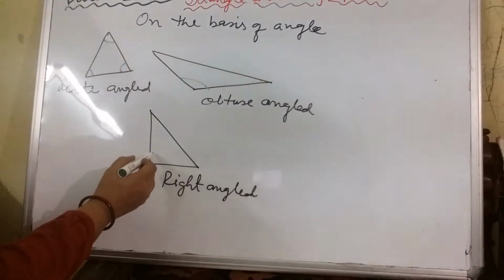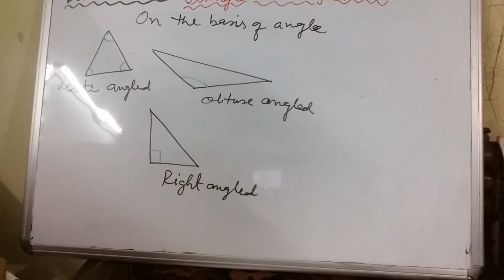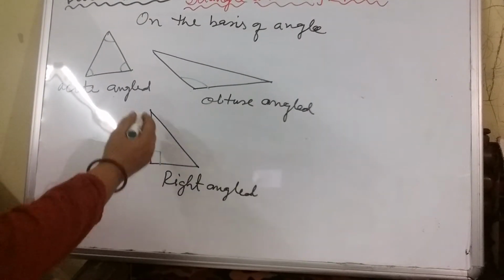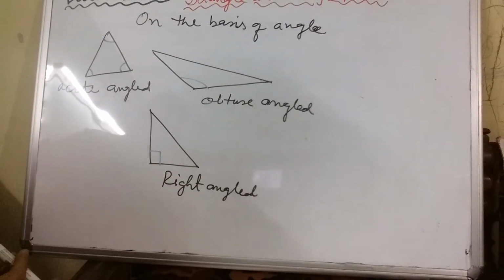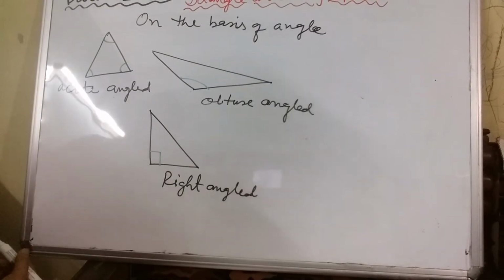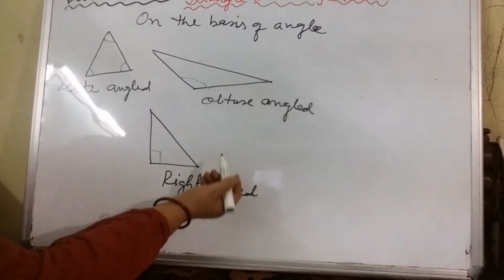And if any angle of a triangle is a right angle or 90 degree, that triangle will be known as a right angle triangle. Now if I ask you, is it possible to draw a triangle which is having two right angles? Let's try.